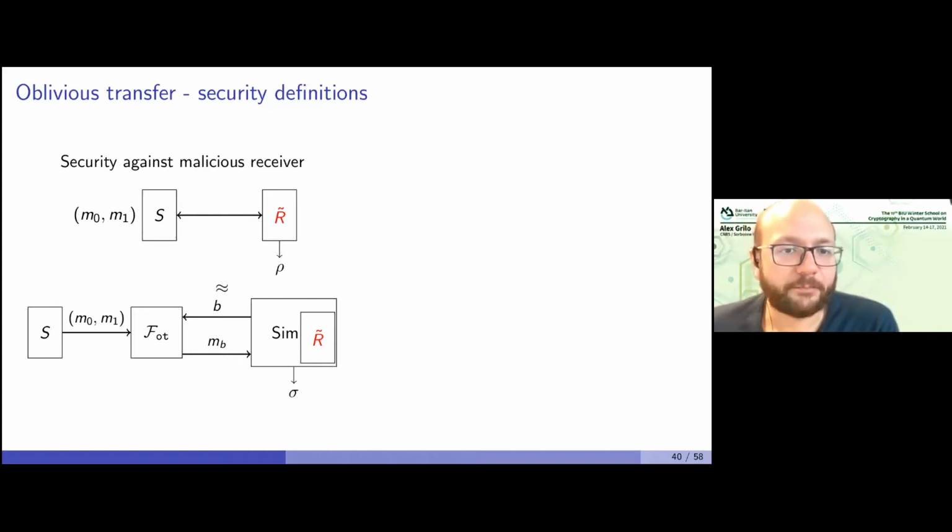So it has black box access to the receiver and interacts with the ideal functionality, and the ideal functionality itself interacts with the sender. What we want to show is that the output of this malicious receiver is indistinguishable from the output of the simulator.